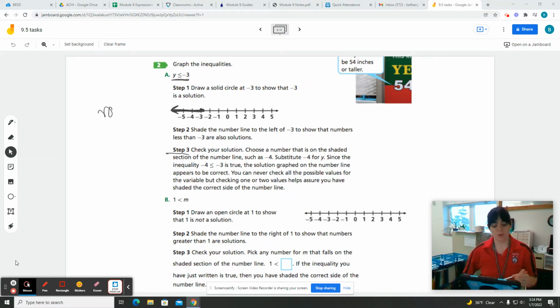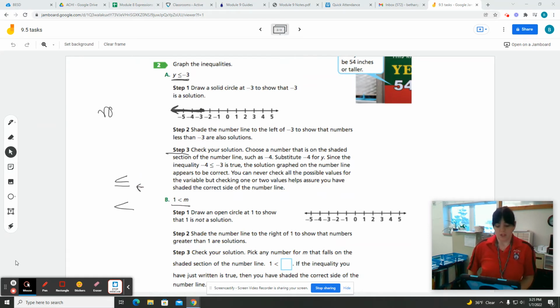All right, we're going to graph 1 is less than m. Unlike the last one, which says it can be less than or equal to, this one says it can't be equal to, it can only be less than, because that little equal sign line is not there.